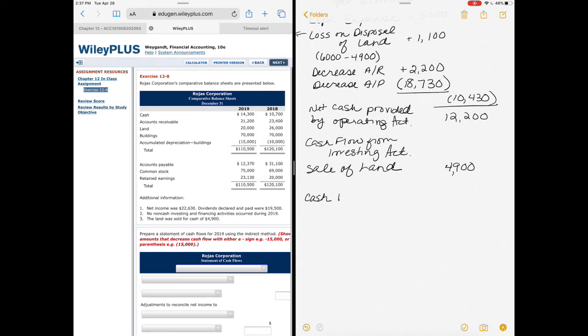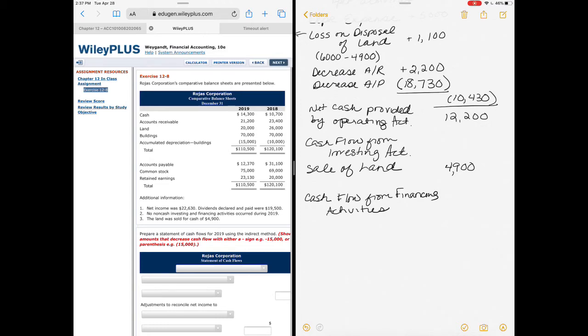So I'm going to label it out, my cash flow from financing activities. And then I'm going to list out anything that I received some cash for that goes into that financing.